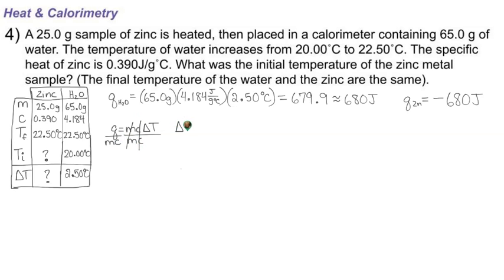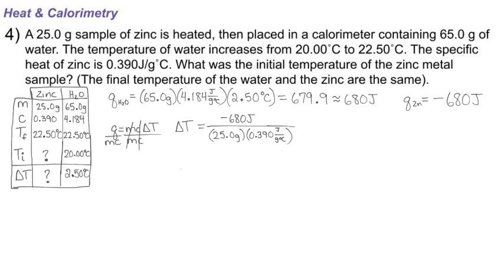So I have delta T equals Q divided by M times C. So negative 680 joules divided by my mass of my zinc, 25.0 grams, times my value of C, 0.390 joules per gram degrees Celsius.